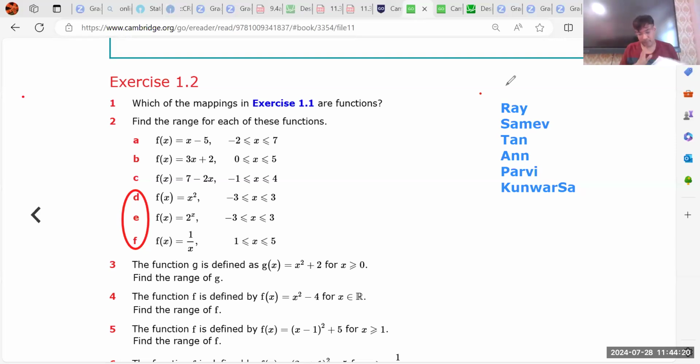I think इसमें total 7 ही है. Samin, one message, please.